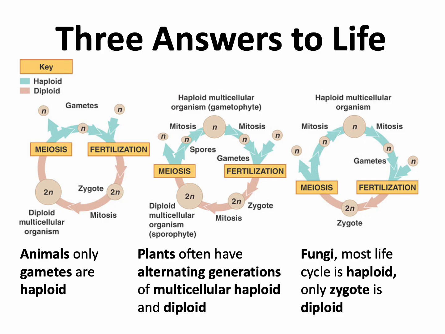On the flip side of that, fungi are essentially the opposite, because fungi spend most of their time in the haploid condition. So if you look at a mushroom or a bracket fungus, like one of those shelves that are on a tree, or any other kind of fungus, most of the time the fungus that you see is going to be haploid.